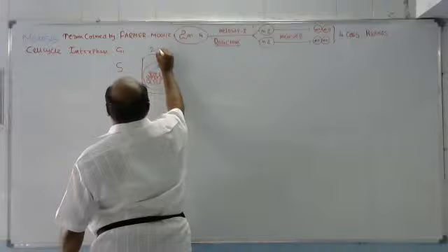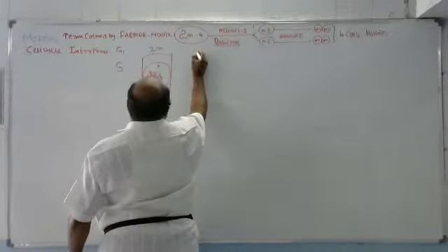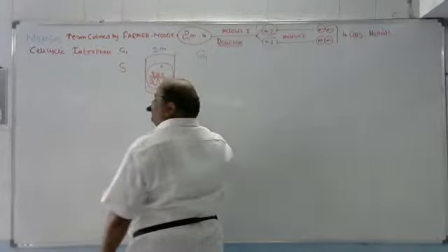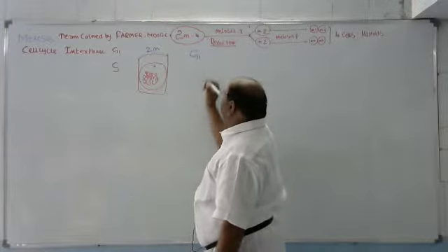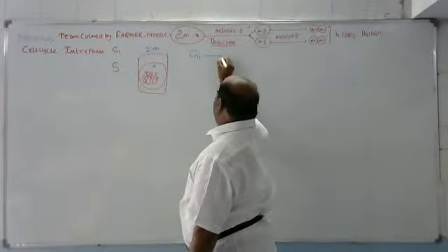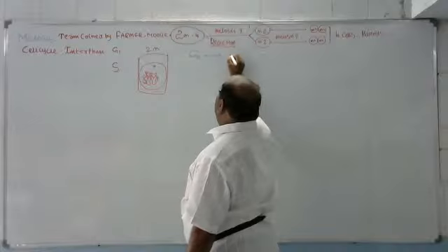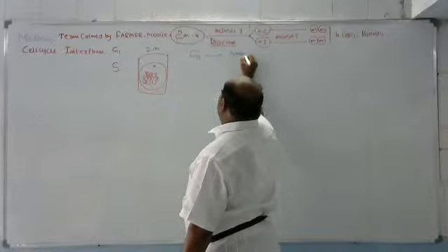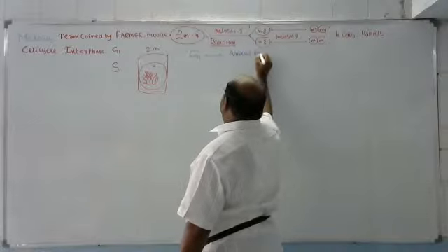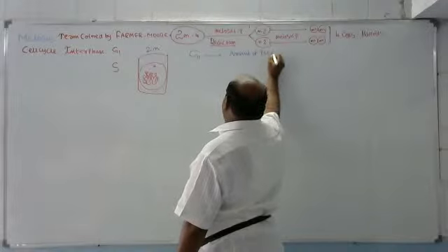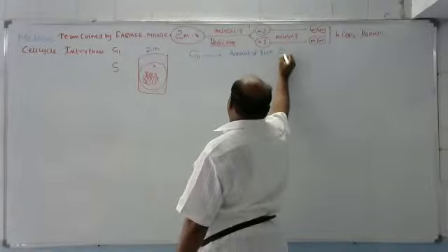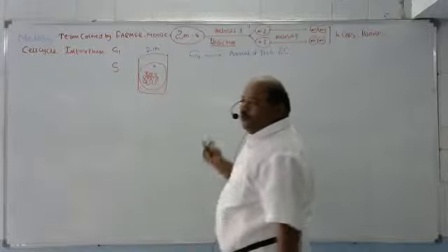It is in 2n state. Now in gap 1 phase, okay, what happens? Some amount of DNA is present. Now it is noted as 2C.